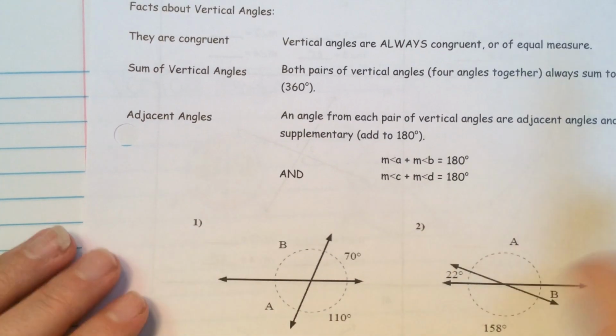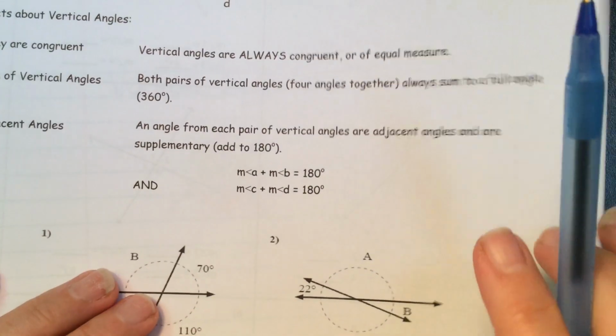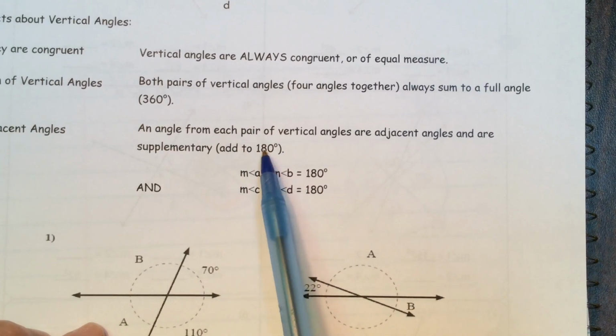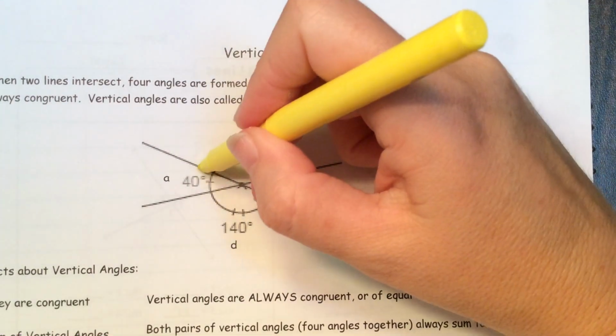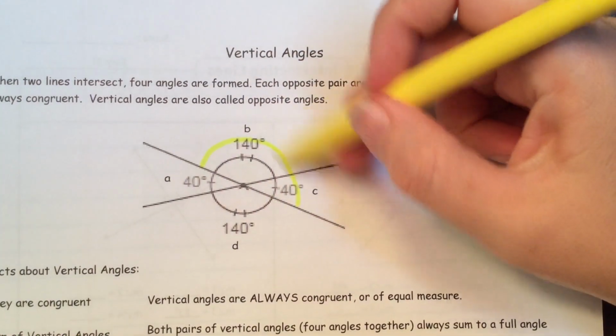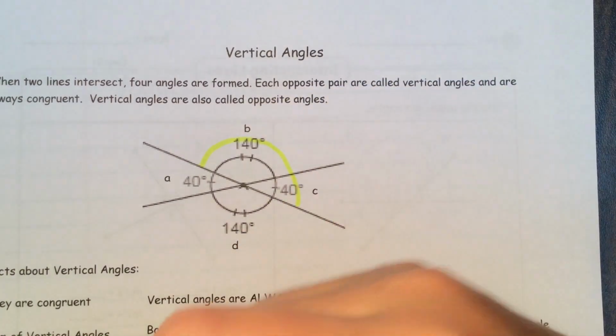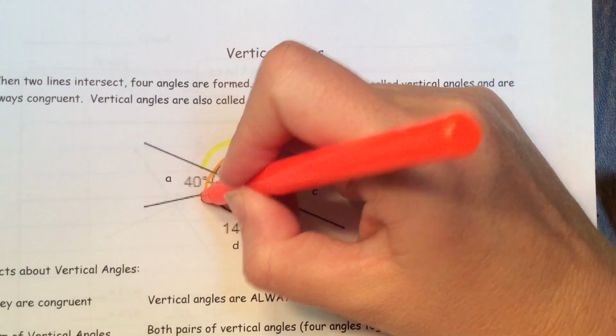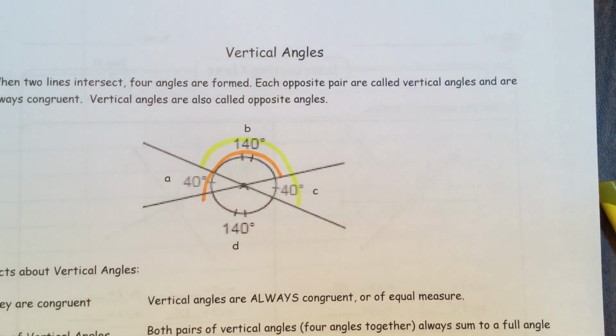Adjacent angles, each pair of side-by-side angles are supplementary and add up to 180. So for example, these two, 140 and 40, they add up to 180. But so are these, 140 and 40 again.